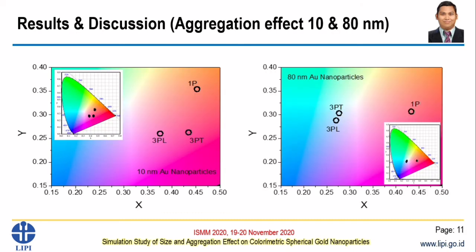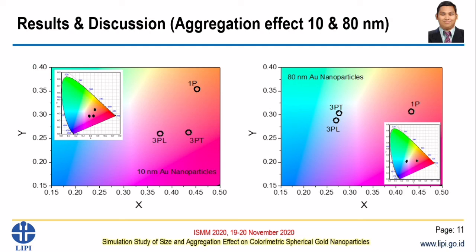On the left figure, we can see that the small 10 nanometer gold nanoparticle produce red color, and the color changes into purple when the particles are aggregated. The medium size of gold, 80 nanometers on the right figure, the color changes from reddish purple for monodispersed gold nanoparticle to bluish color when the particles are aggregated.